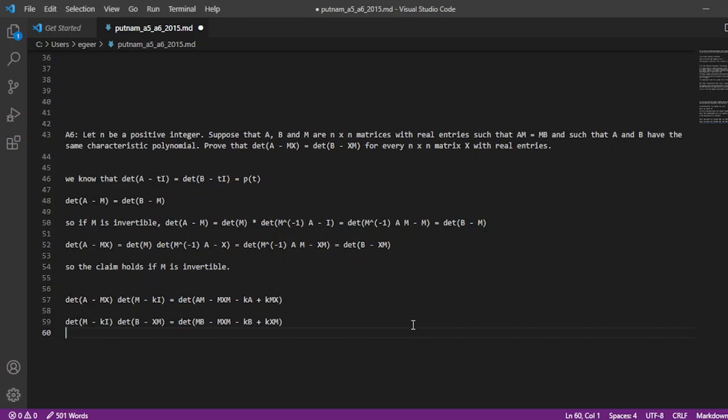But I don't see how to reason that these must be equal. Like, I have to somehow smuggle in the assumption that A and B have the same characteristic polynomial, but I don't see how to do that. Yeah, this is very tricky.